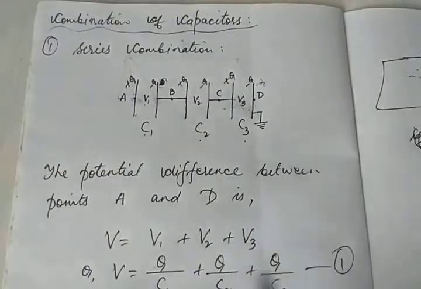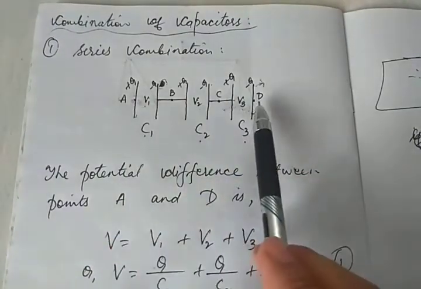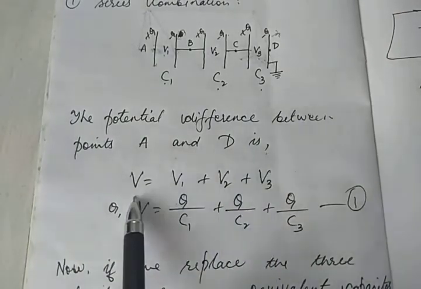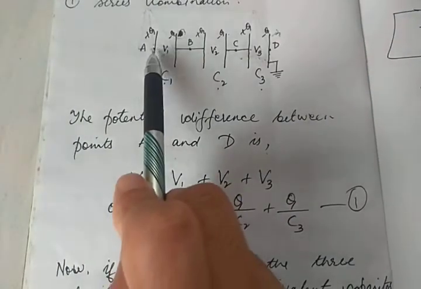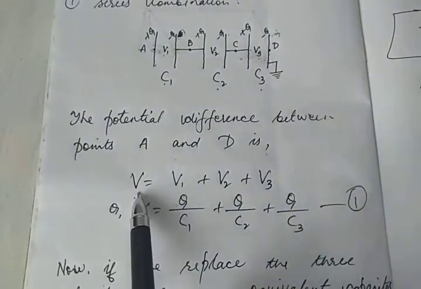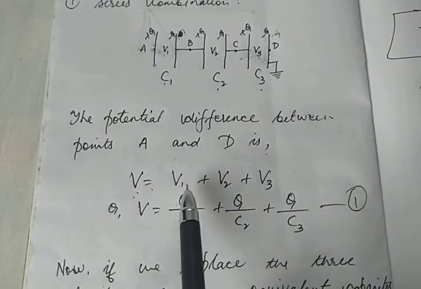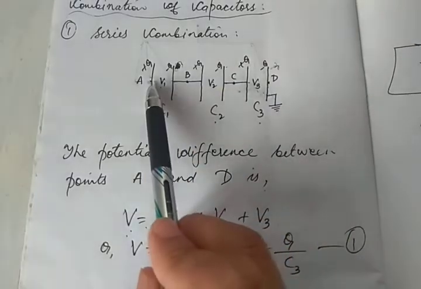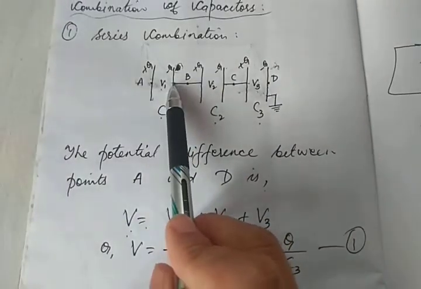Now this is point A, this is point D, as you can see in the picture. The potential difference between points A and D is V. That V will be the sum of V1 plus V2 plus V3, where V1 is the potential difference across the plates of the first capacitor.